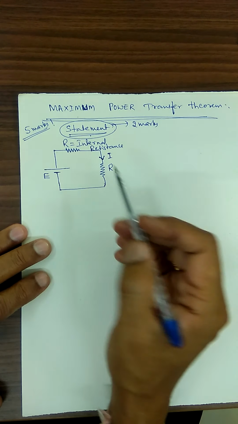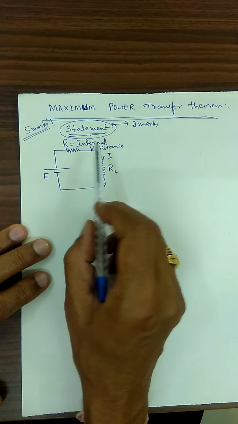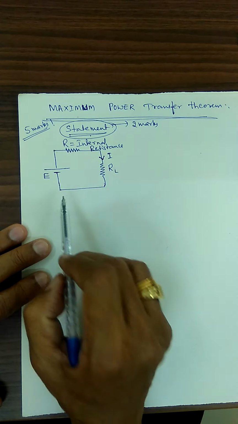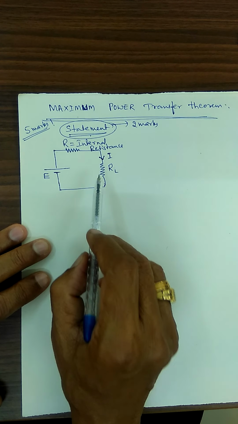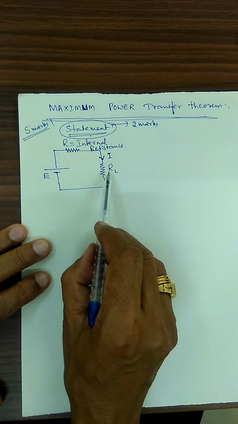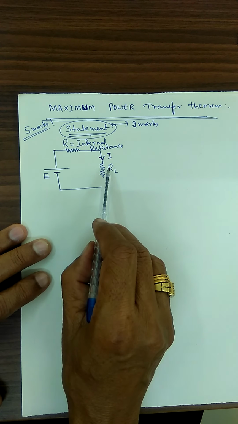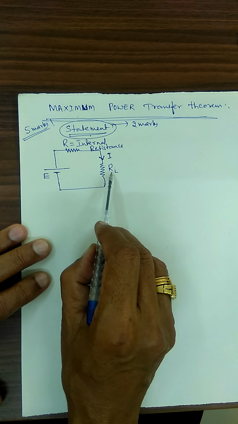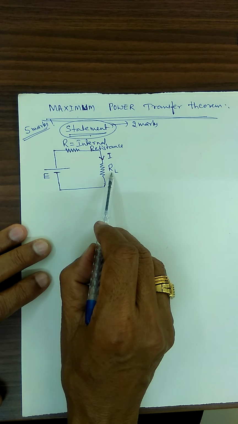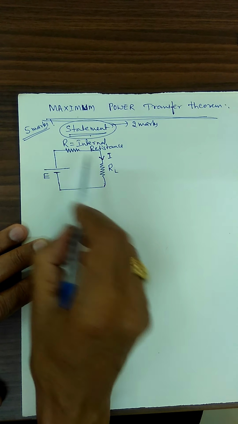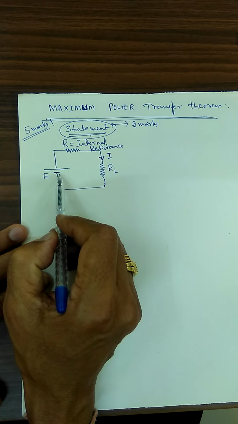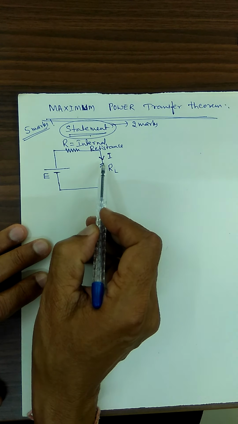The maximum power transfer theorem states that the maximum power will be delivered to the load when the load resistance is equal to the internal resistance of the network which delivers the power.